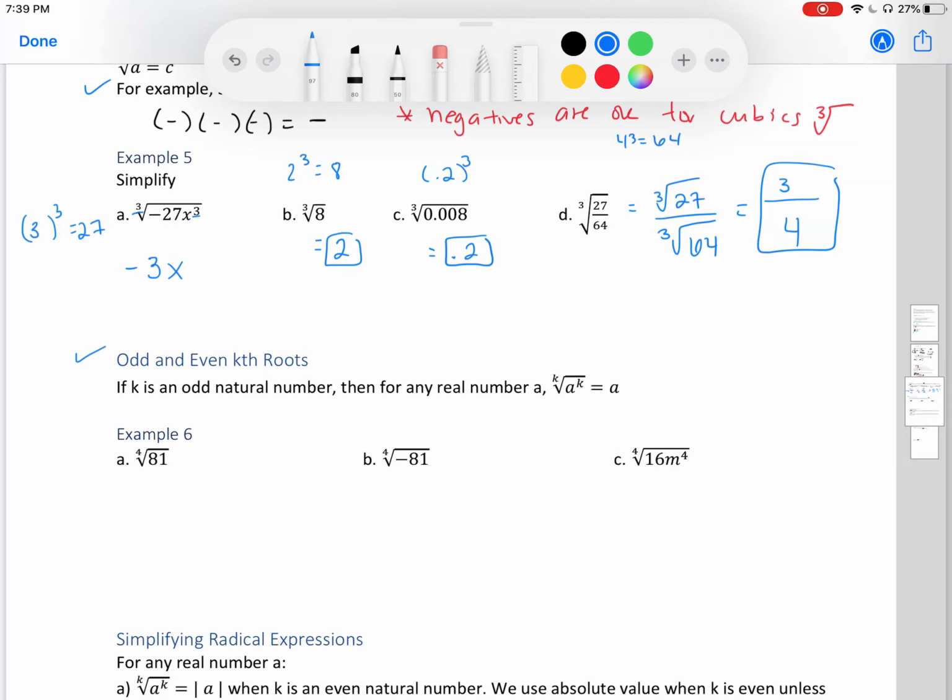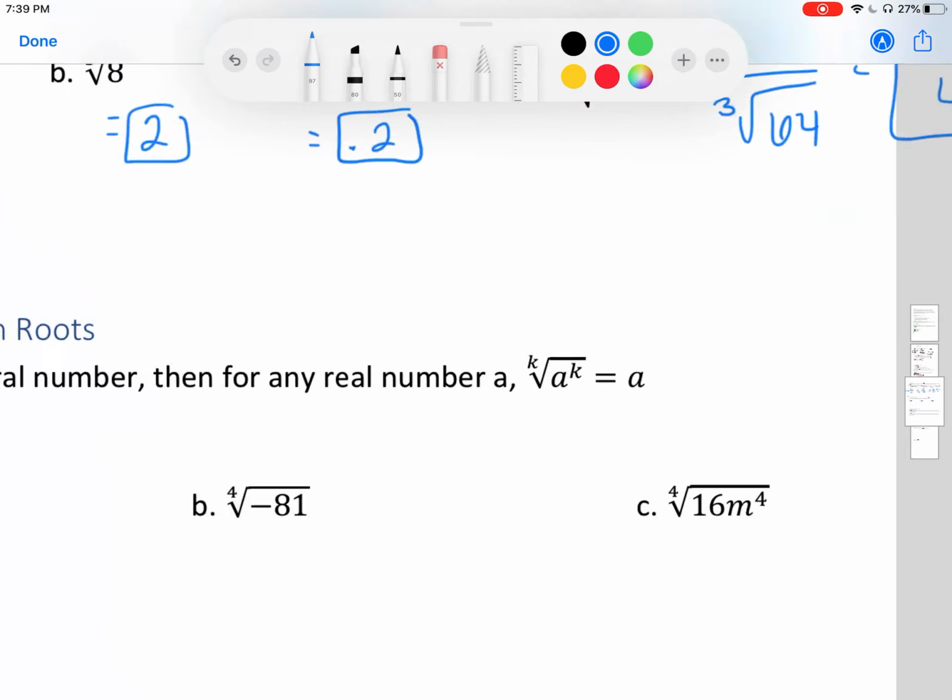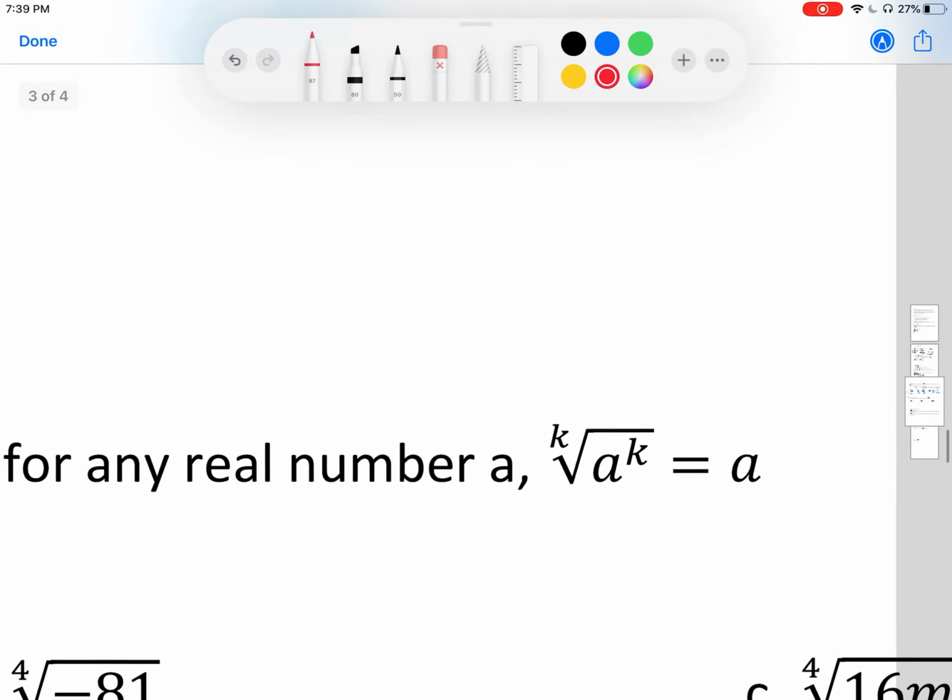An odd natural number. Then for any real number, they're technically the same.